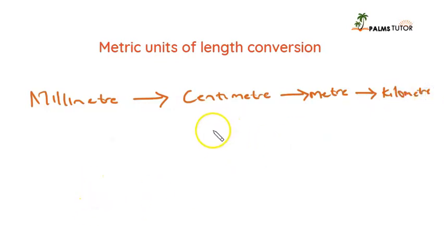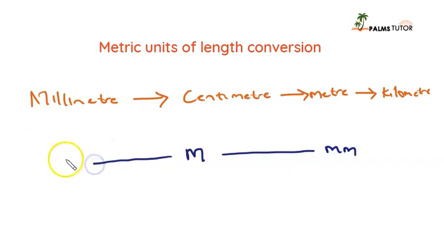To understand this better, I'll limit myself to the ones that are smaller. If I have a meter here, and then millimeter, and then centimeter to my left, the relationship between centimeter and meter is 100. Between meter and millimeter, because milli means thousandth, it is 1,000.